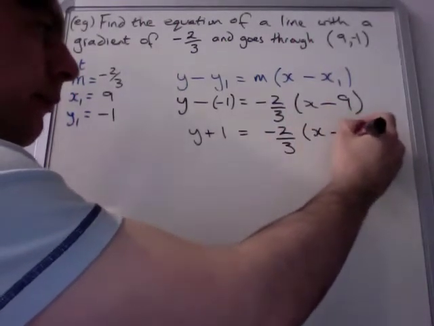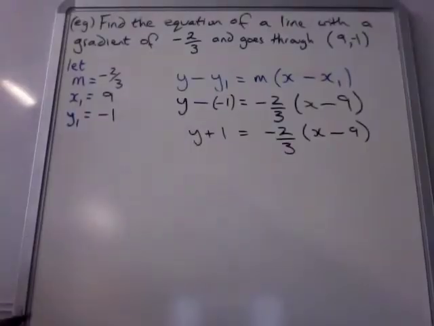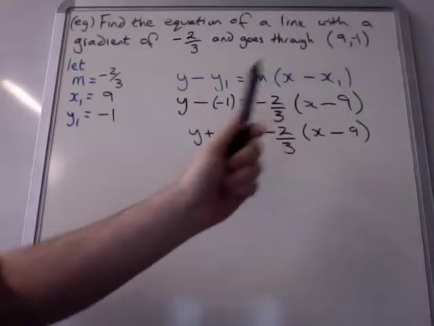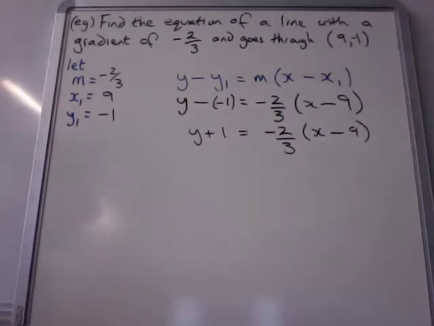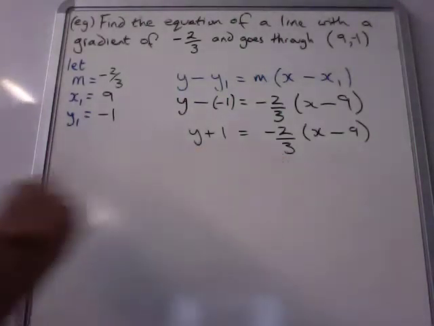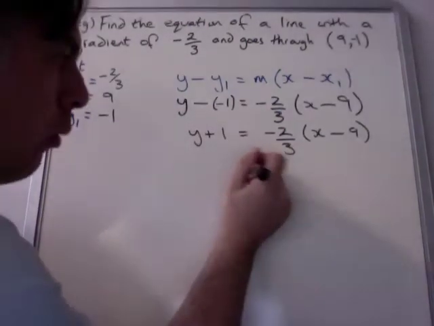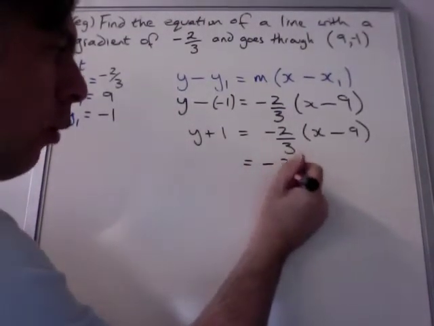Here we go. Now we could times this parentheses bracket by minus 2/3 and end up with fractions and work with fractions. That's one way of doing it. But we want to go a little bit quicker. And what's really nice about this system is that we can get rid of this 3 first. Now, what we're going to do is this. When you've seen a 3 in this position, what have you normally done?